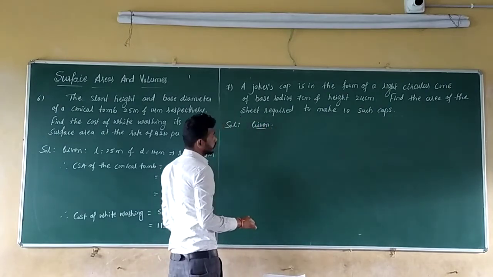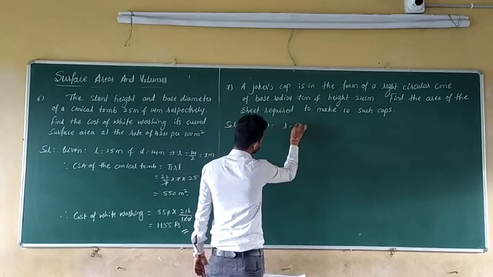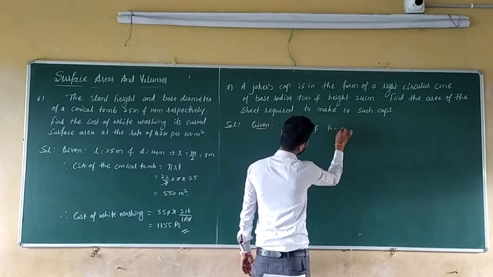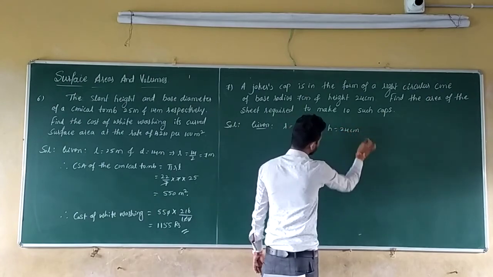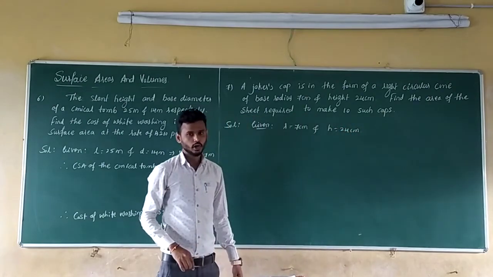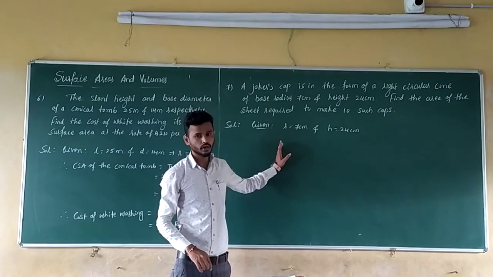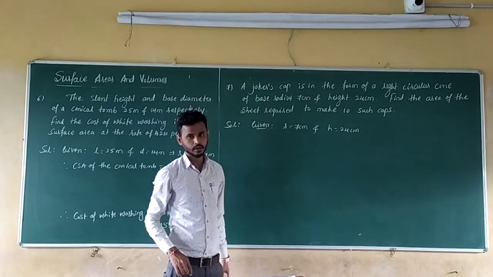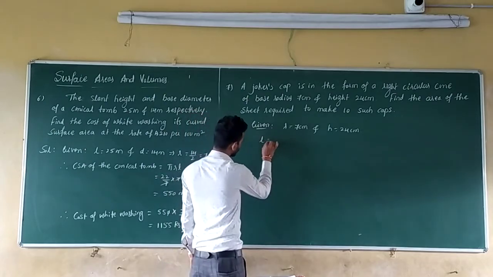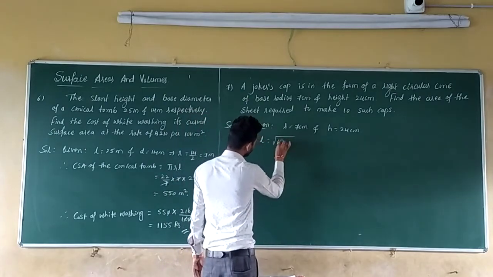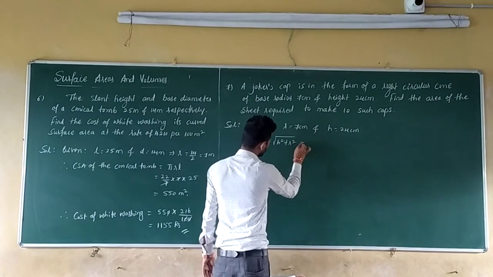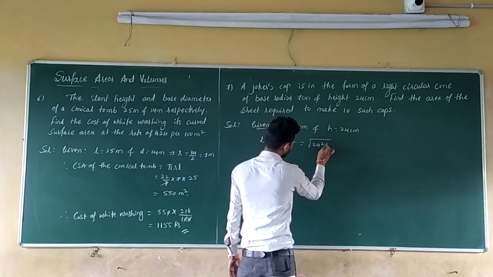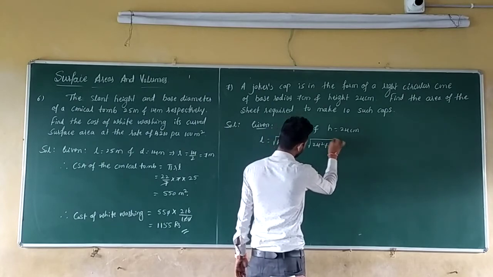Given radius 7 centimeter and height 24 centimeter. For finding the CSA of a cone, we need the slant height. So find the slant height first. L is equal to root of h square plus r square. So h is 24 square plus r is 7 square.